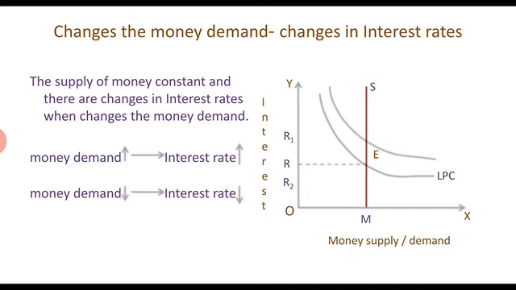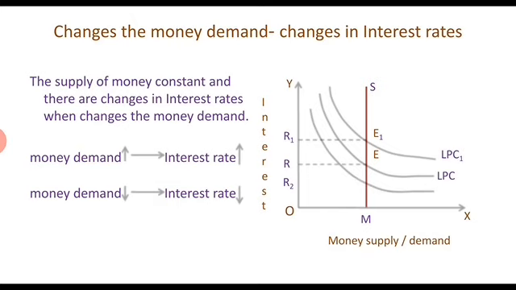If the demand for money increases, a new demand curve has formed as LPC1. The LPC1 money demand curve and money supply curve MS intersect at point E1. The rate of interest increases to OR1.